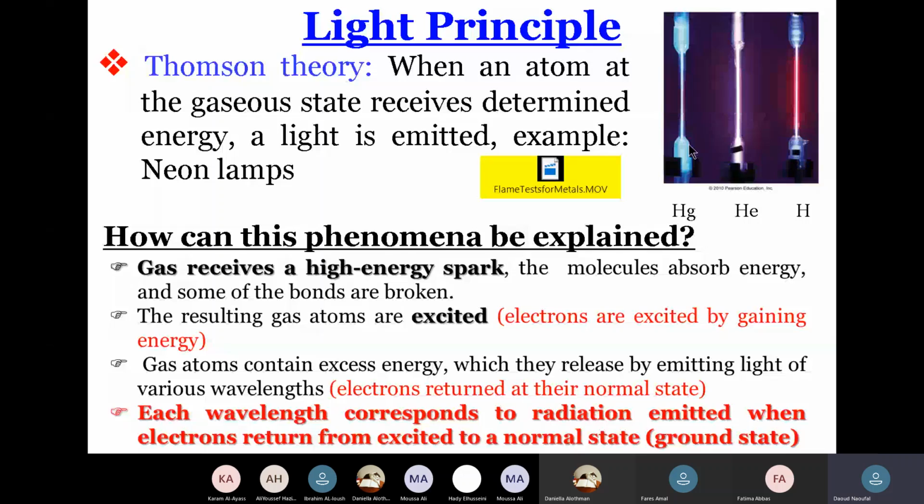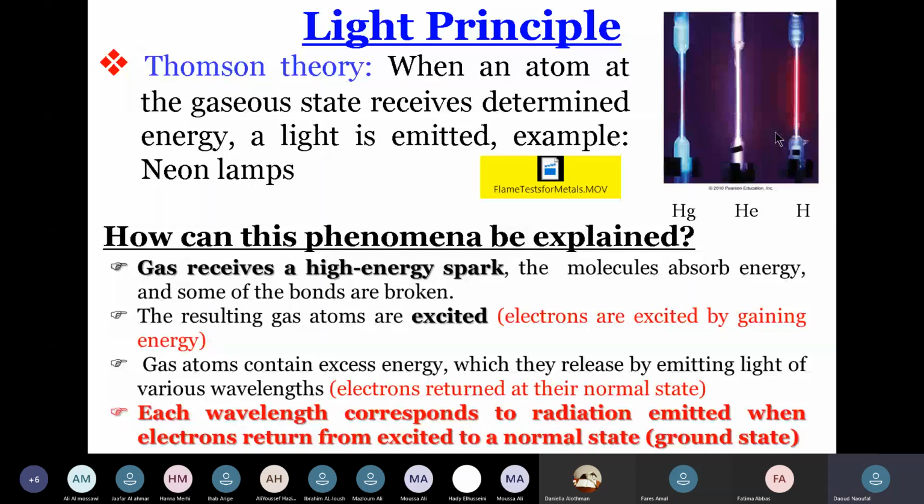For helium, as a gas inside the tube, the experiment proved that we have the light purple. And for hydrogen, we have this color. So any gas inside a glass tube, if submitted to external energy or voltage, will emit light of determined color. So how can this be explained at the microscopic scale?